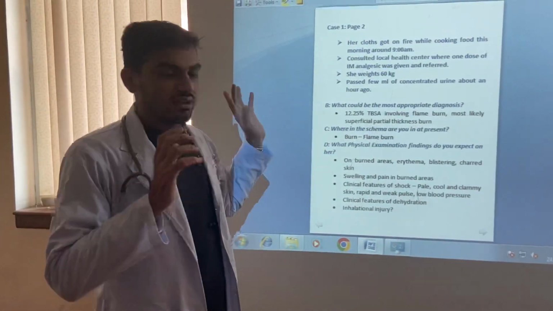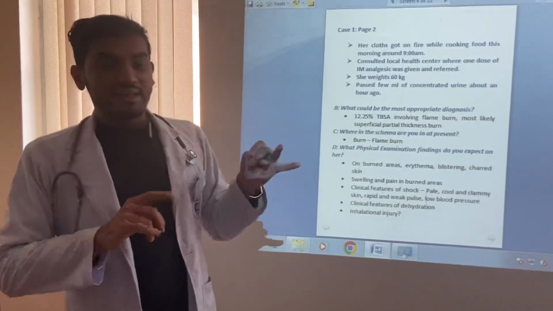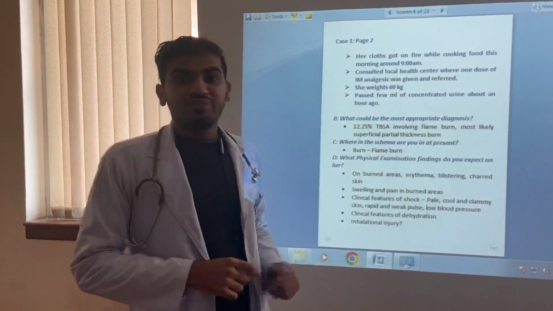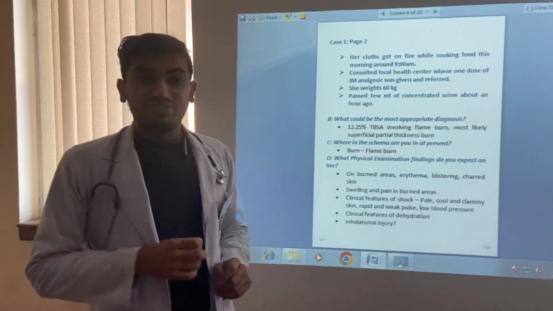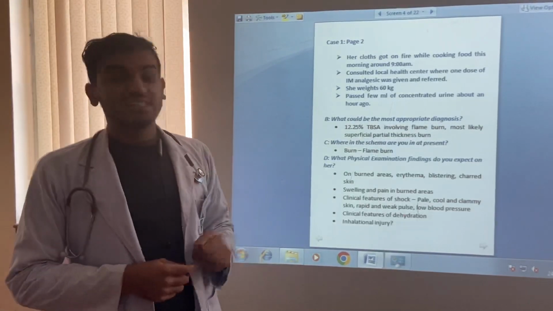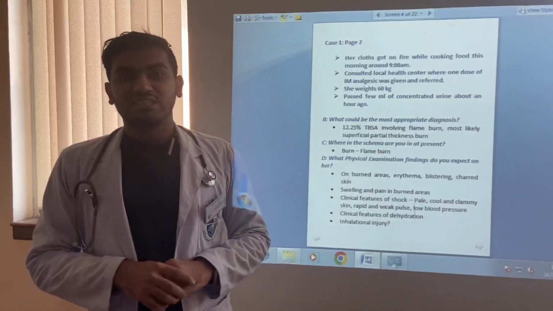We have to include these three: body surface area involved, the cause of the burn, and the depth of the burn. So, 12.25% of the total body surface area involving flame burn, most likely superficial partial thickness burn, as most flame burns are superficial partial thickness burns.